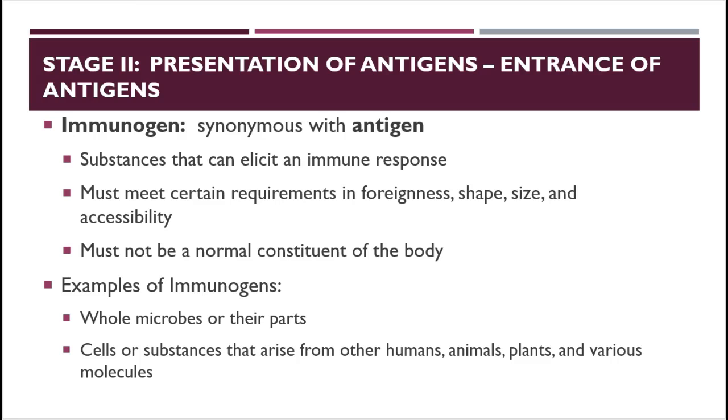These are substances that can elicit or stimulate an immune response, and they have to meet certain criteria as far as foreignness, shape, size, and accessibility. And they must not be a normal constituent or component of the body. Some examples include whole microorganisms, parts of microorganisms, cells or substances that come from other humans, animals, plants, and various molecules.